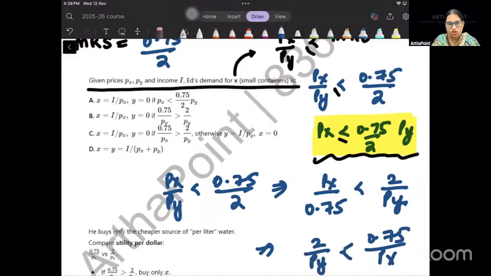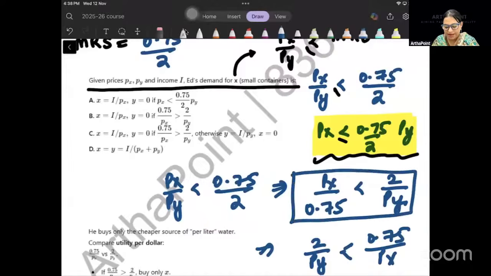So these conditions are the same. Wherever you see these options, it should be fine: Px by 0.75 less than 2 by Py, 0.75 by Px greater than 2 by Py, and Px less than 0.75 by 2 Py. So you're right, wherever we see these conditions, they are equivalent. Correct. So we can take this as an MSQ question.